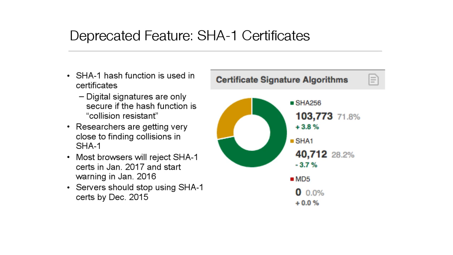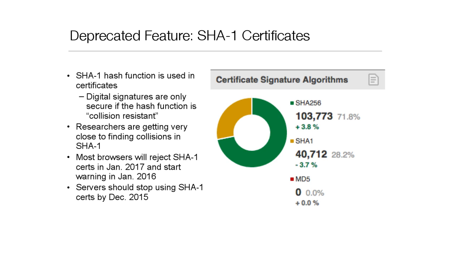And SHA-1 certificates. SHA-1 is Secure Hash Algorithm 1, the first algorithm in the SHA family. Digital signatures are only secure if the hash function is collision resistant. We discussed collision resistance and digital signatures in our digital signature lectures.